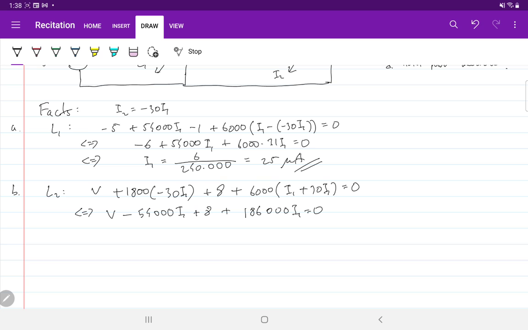You know I1, right? I1 is 25 micro, which is 10 to the power of minus 6.